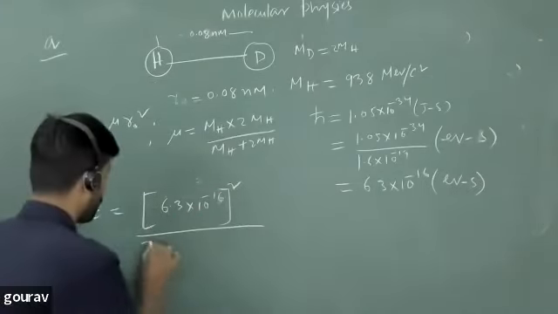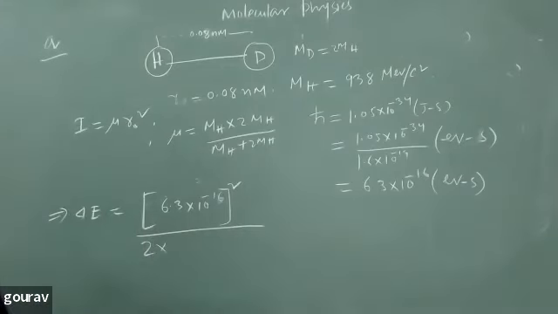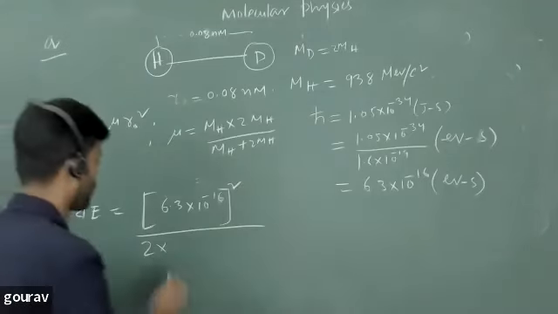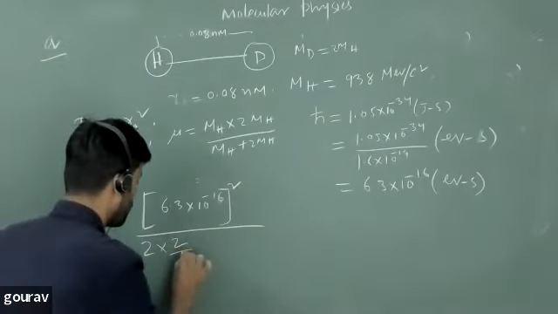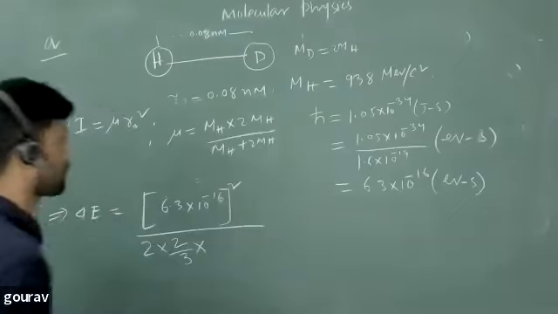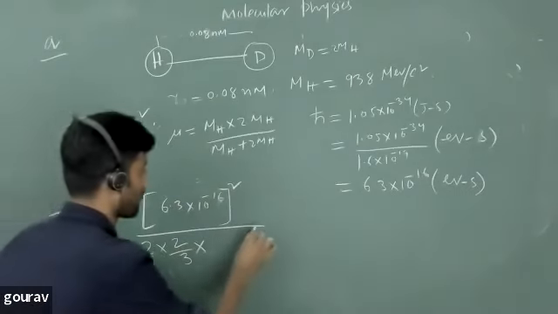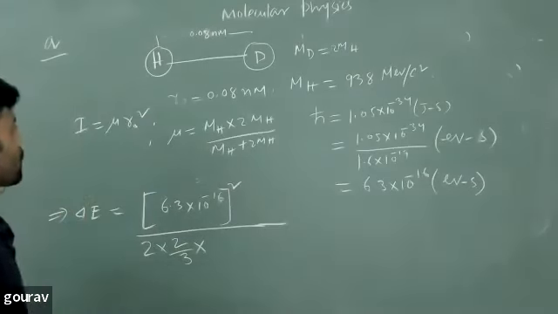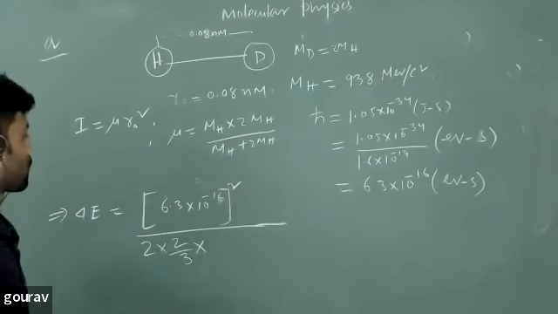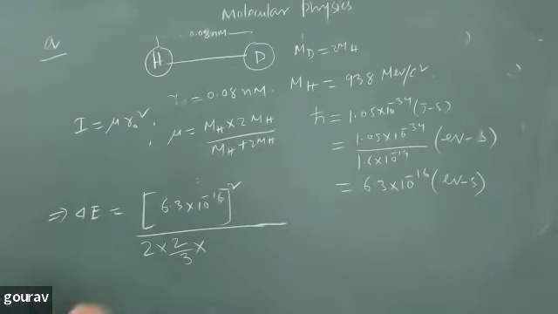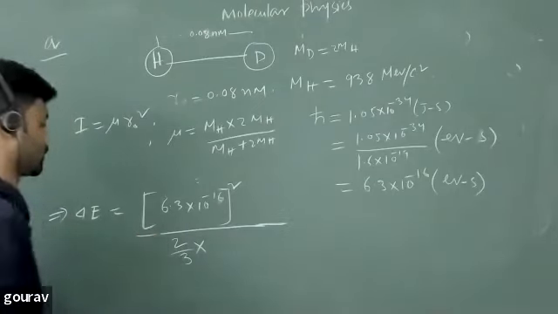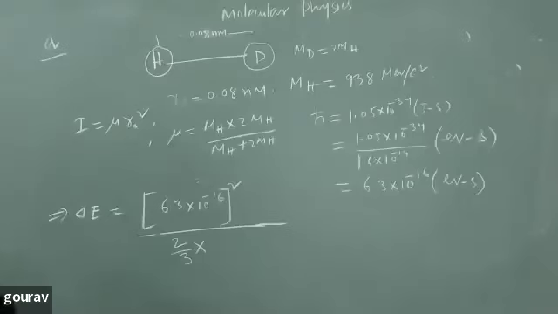So 2 into, in place of I I have to write mu r square, and mu I have calculated 2 by 3 mH. So 2 by 3 mH. mH is how much? Sorry, the 2 of 2I will not be there, the 2 cancelled with the first one. So h cross square, 2 by 3 into, mH is how much?